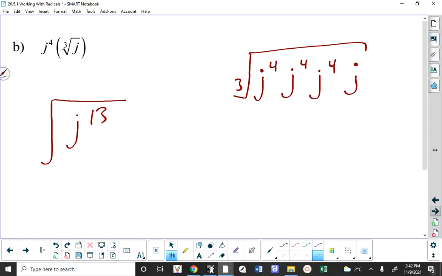So I have j to the 4 times j to the 4 times j to the 4 under the radical sign, joining forces with the j to the 1 that was already there. When you multiply exponential expressions that have the same base, the base remains the same, and you add the exponents. 4 plus 4 plus 4 plus 1 is 13.